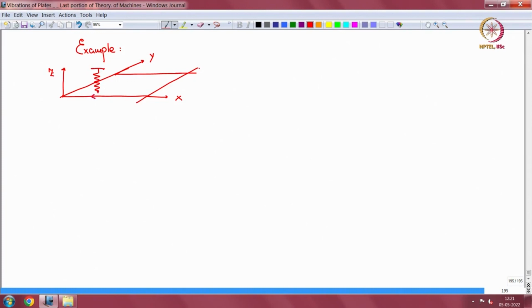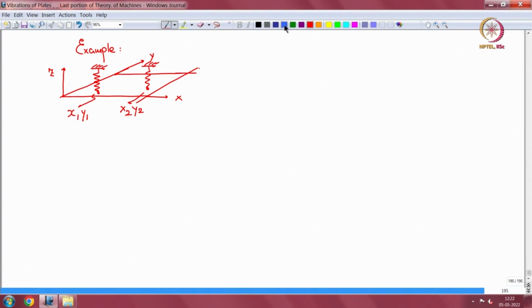Connection point is x1 y1, and there is another spring at x2 y2. This spring is grounded. Okay.